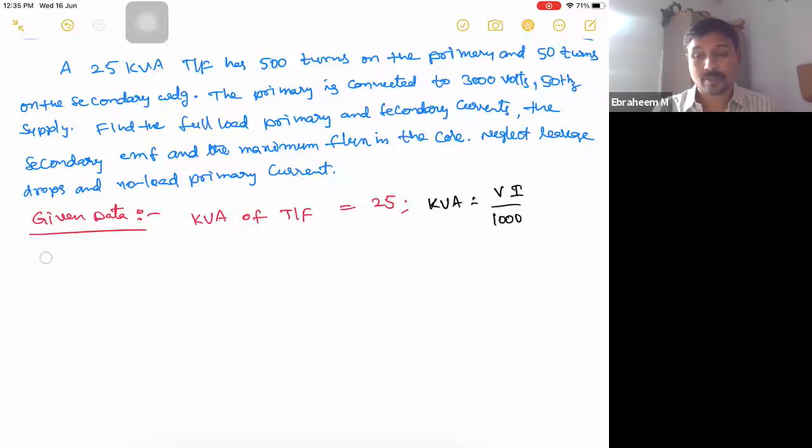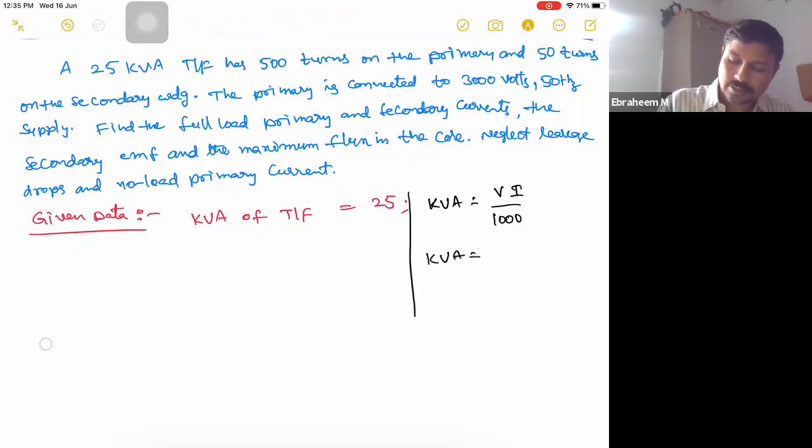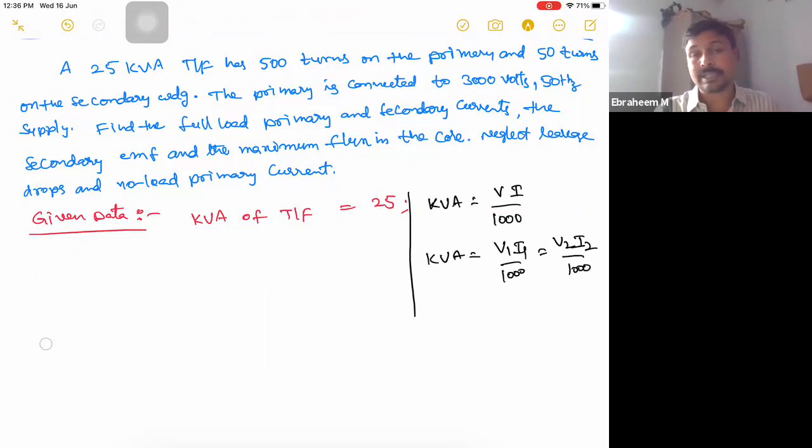It is the same on both primary and secondary. So kVA is equal to V1 I1 by 1000, that is equal to V2 I2 by 1000. Ideally, V1 I1 is equal to V2 I2, as we have neglected the losses, because a transformer is a very efficient device. Its efficiency is above 95%.